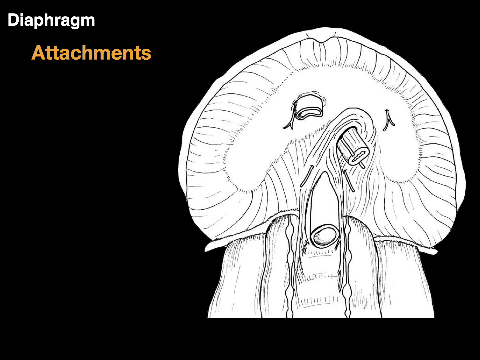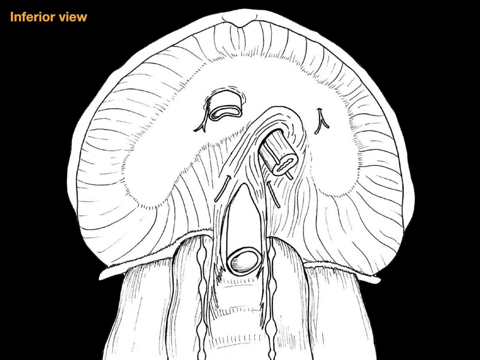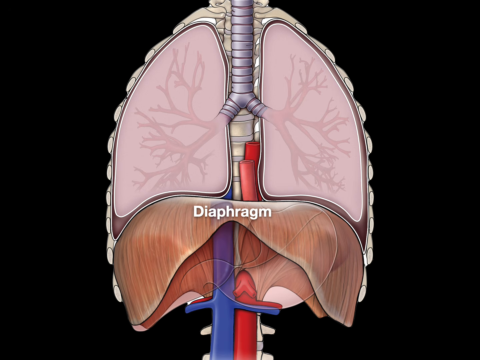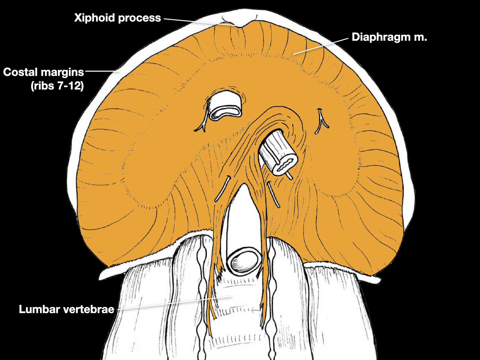Because the diaphragm is made of skeletal muscle, it attaches to the skeleton. From this inferior view, it attaches to the xiphoid process and the costal margins of ribs 7 through 12. If we look at a coronal section, we can see it attaching to those costal margins of the ribs. It also attaches to the lumbar vertebrae via the right crus and left crus.